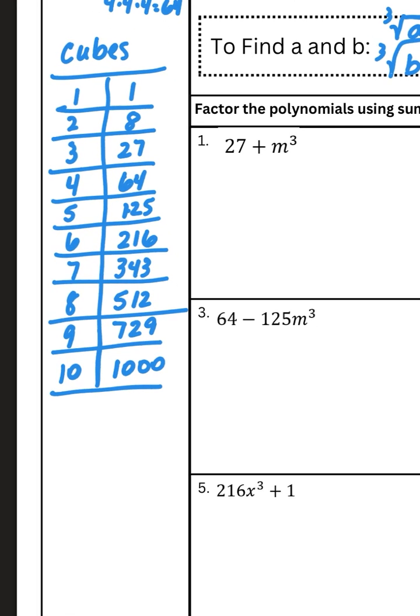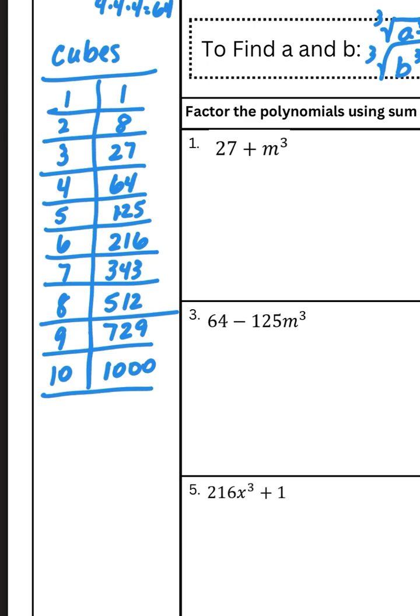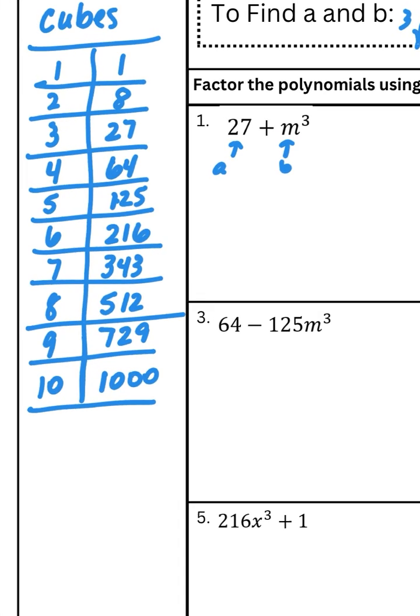So when I look at this, I have the sum of two cubes. This is my A cubed. This is my B cubed.